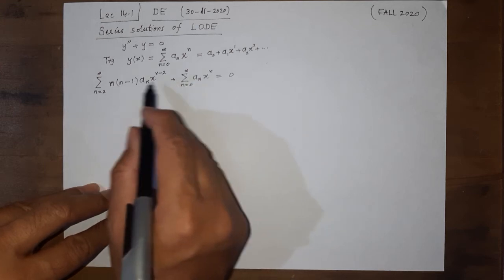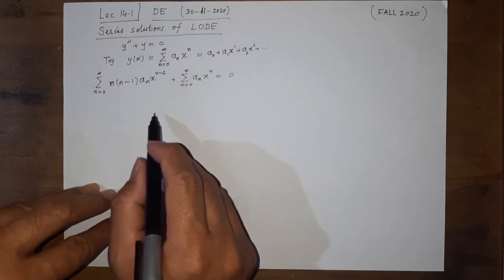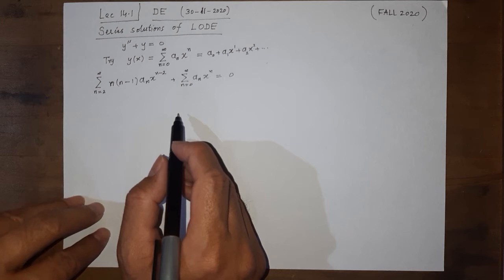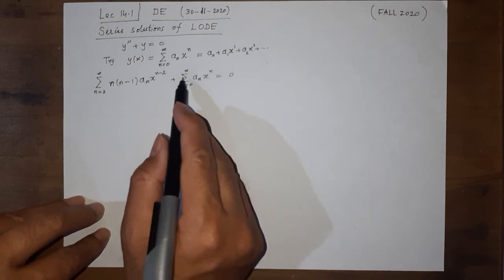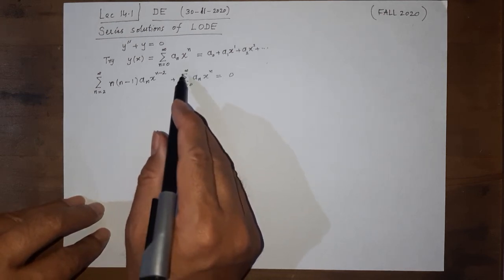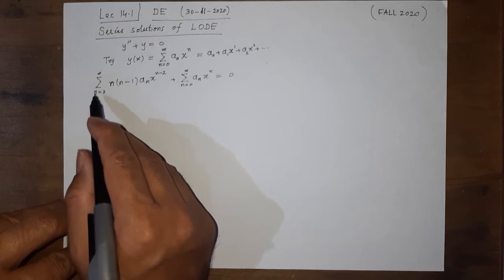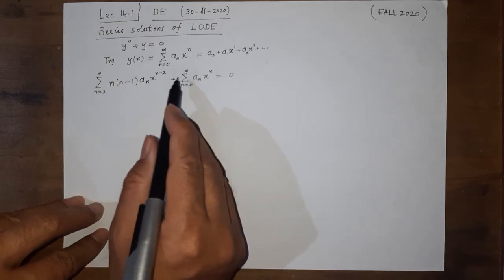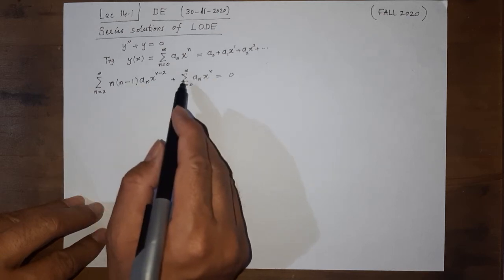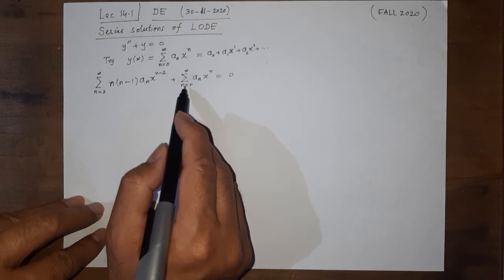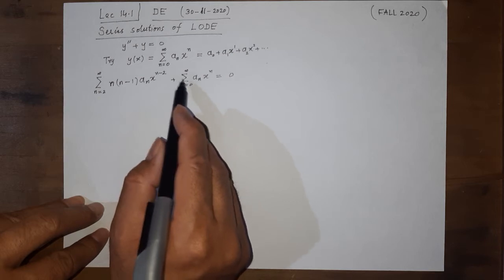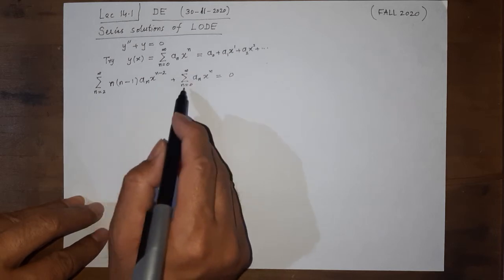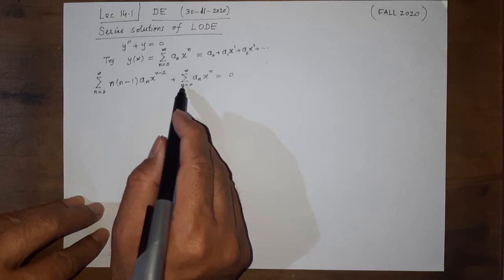So we have to combine both these terms and write a single series expression. How to do that? Here we have a summation from 0 to infinity, here from 2 to infinity. So we should try to convert both of the terms to a summation that starts from the same value and goes up to infinity. How to do this?